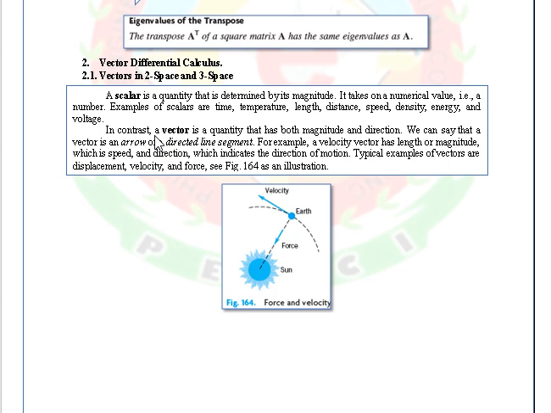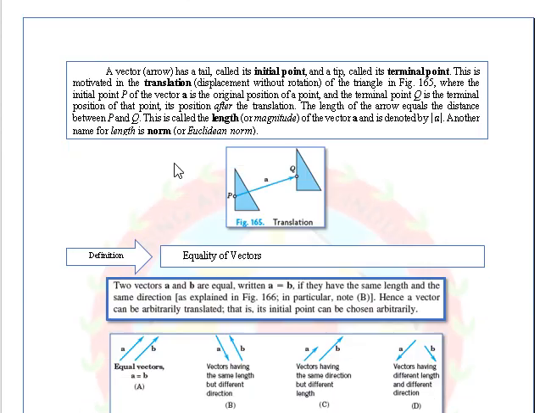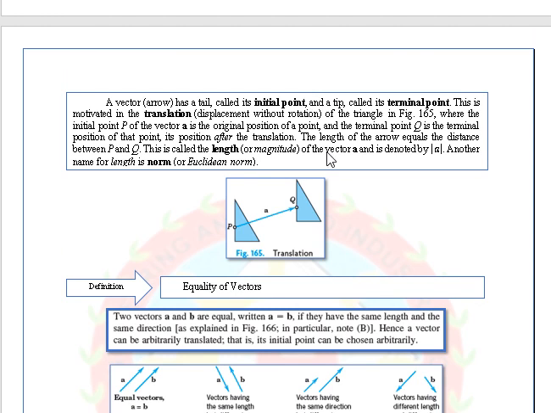And a vector, it is a quantity that has both magnitude and direction. Okay, so it's the opposite of a scalar. Examples of vectors are velocity, because it has a magnitude and at the same time a direction, displacement, and force. They are both examples of vectors. A vector can be represented as an arrow, so take note of that.